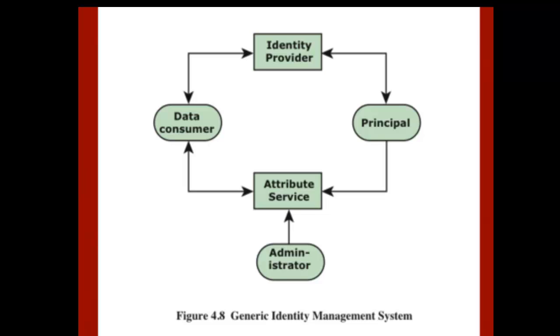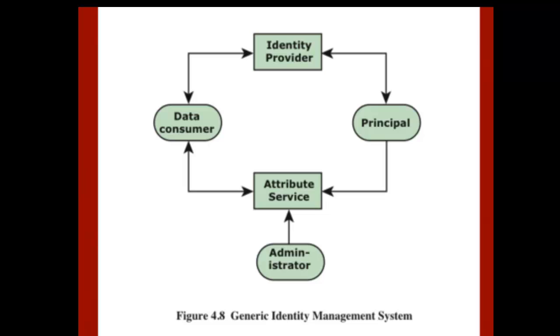Now, users may create some of the attributes to be associated with their digital identity, such as address. Administrators may also assign attributes to users, such as their roles, their access permissions, and their employee information, for example, maybe their employee ID number.